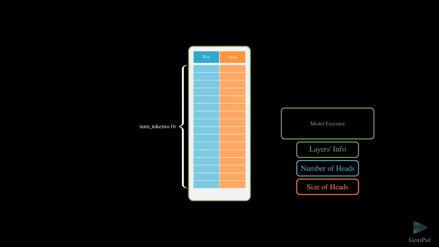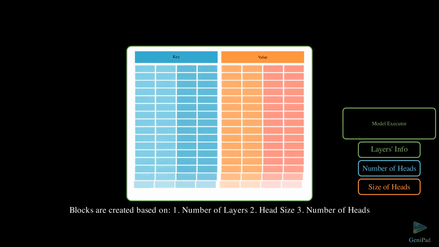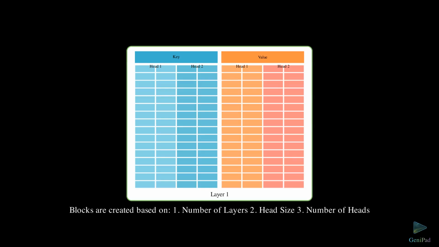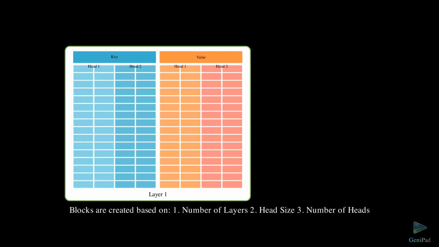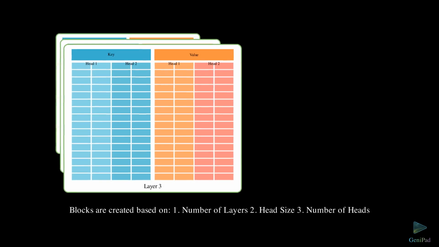Using these 3 pieces of information, each layer's space is computed from the number of heads and the head dimension. Since a block stores key value caches for 16 tokens across all layers, we multiply the per layer requirement by the total number of transformer layers. Each block must have enough space to hold key value data for every layer.